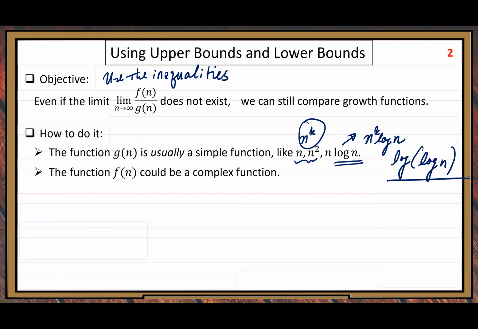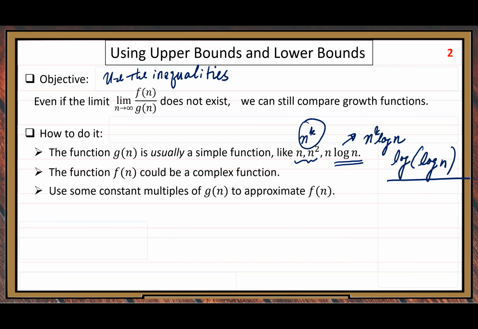That's our goal, to do this kind of comparison, and use constant multiples of g to approximate the f function.